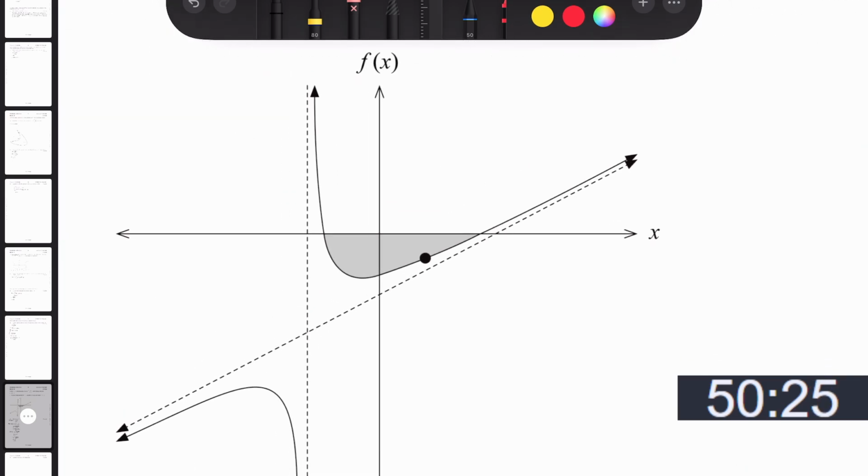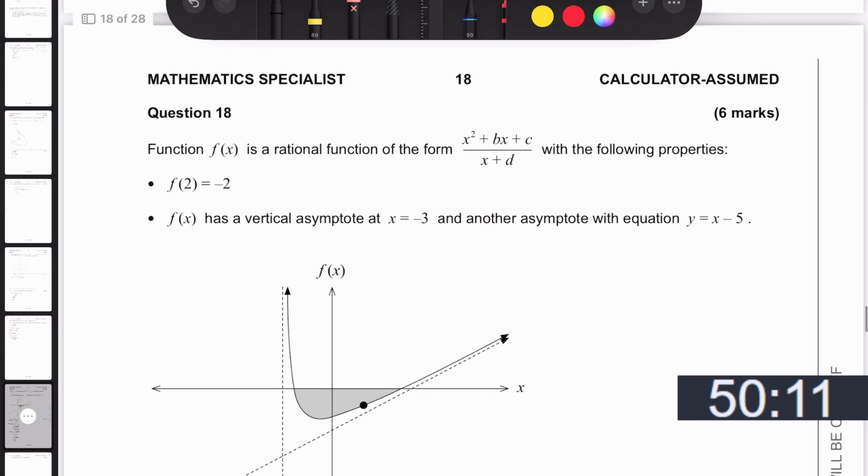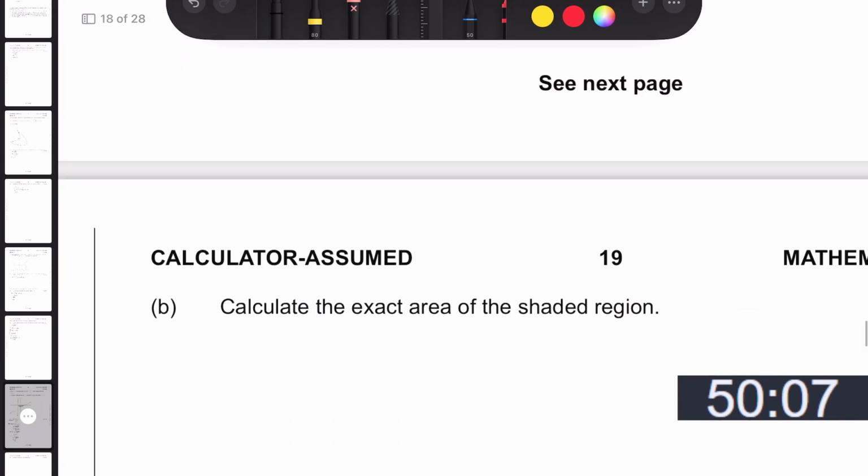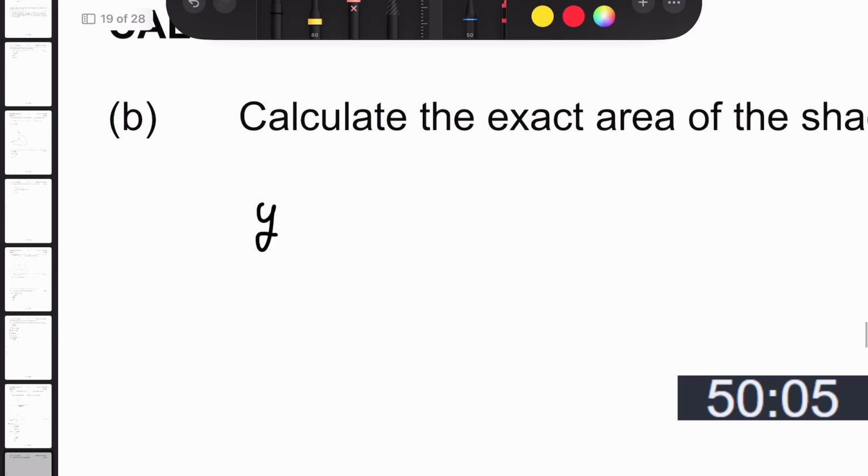Calculate the exact area of the shaded region. So we want to go x-axis negative. So area is equal to negative. So let's say y equals 0.